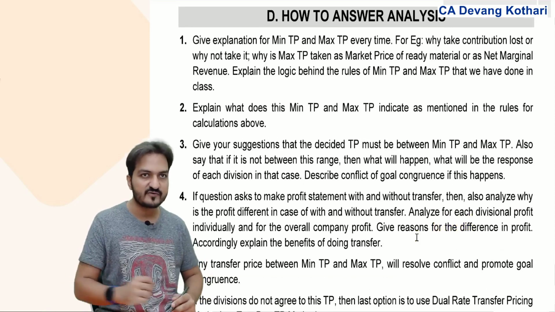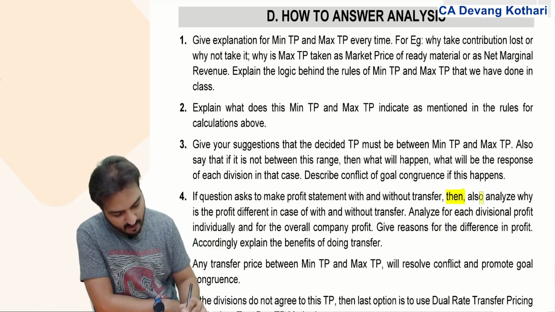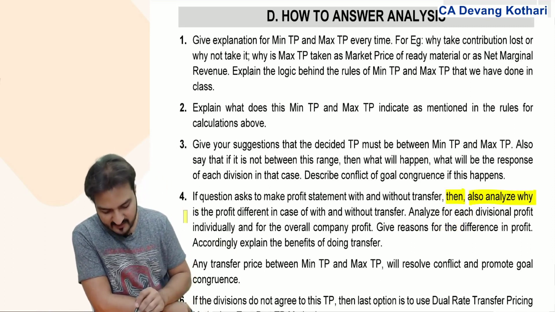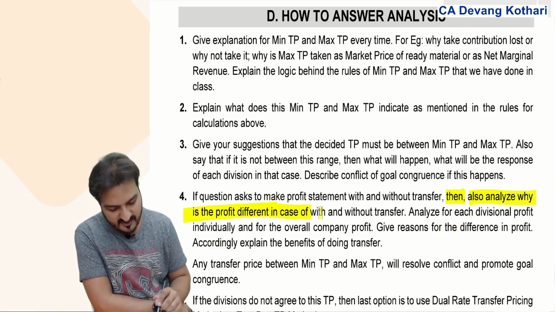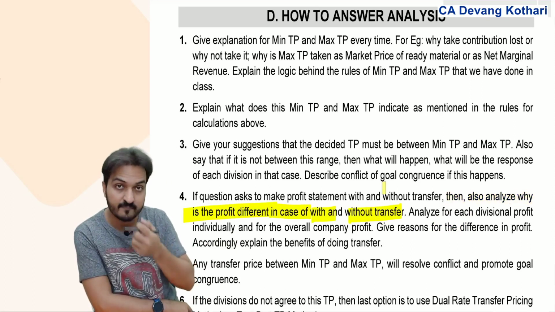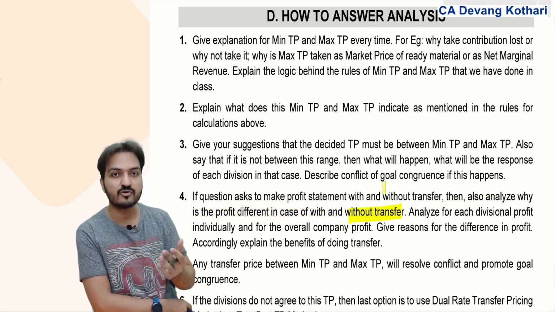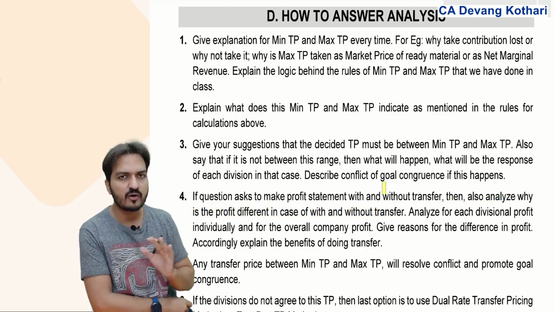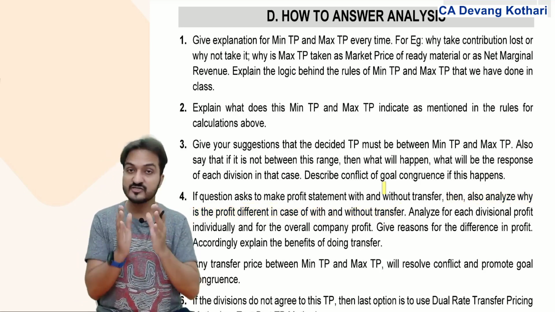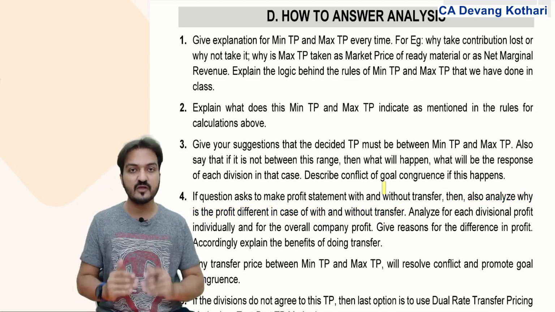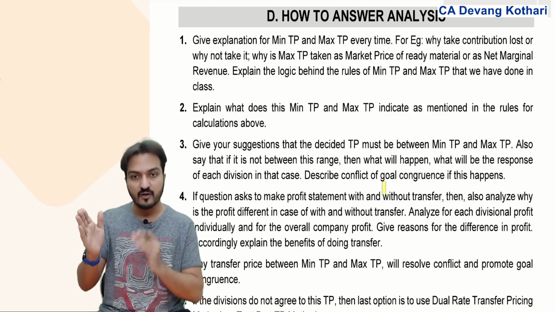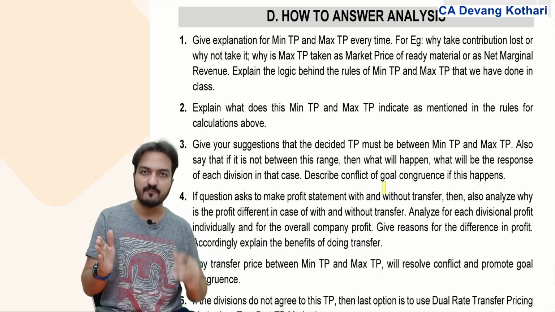If they ask you profit statement, then also analyze why the profit is different in case of with and without transfer. Maybe with transfer they have better profit, maybe without transfer they have lesser profit, or you identify for each division, with transfer, without transfer, what is division A profit, and what is division B profit.